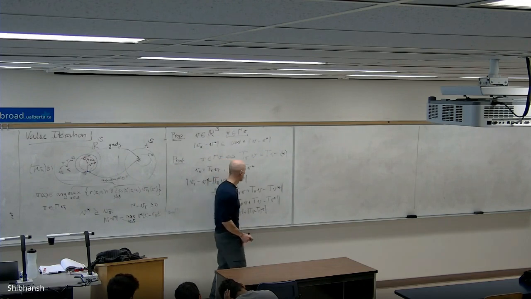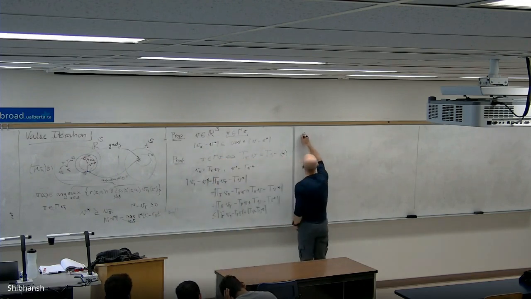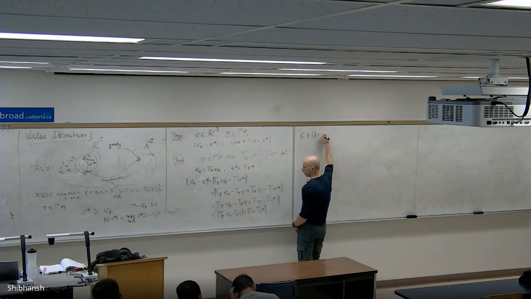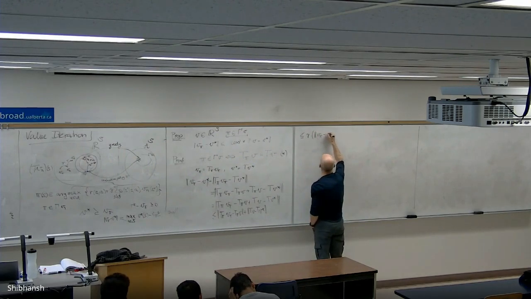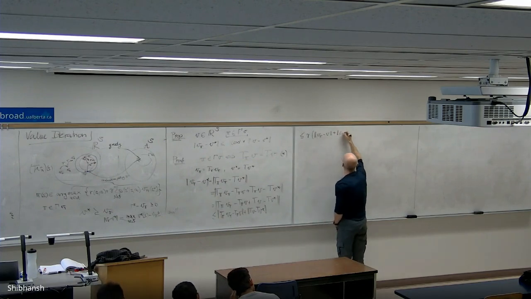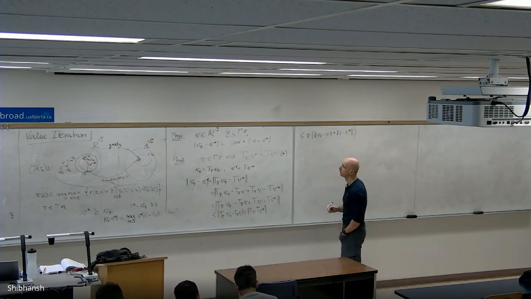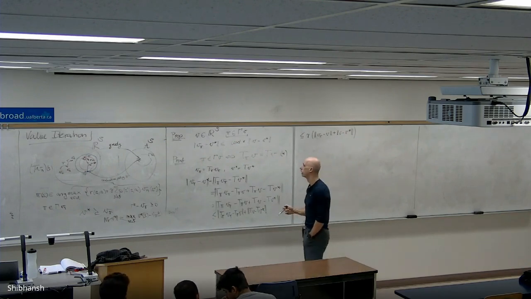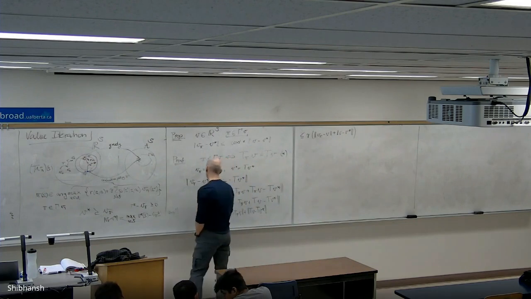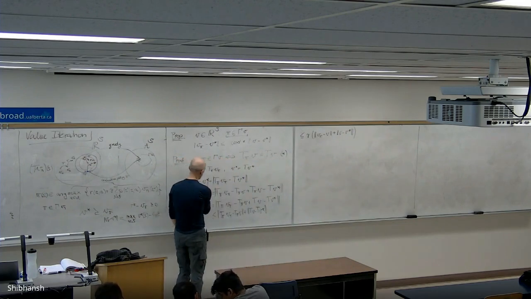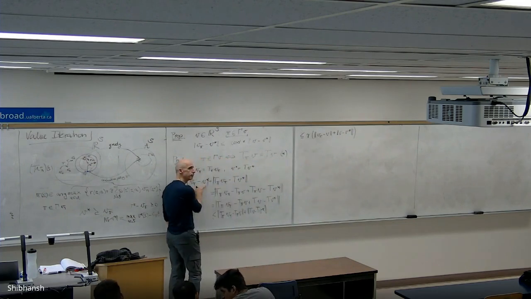Okay. So let's write it here, and we can pull out the gamma from both. At this stage, we look here. We want to upper bound this.